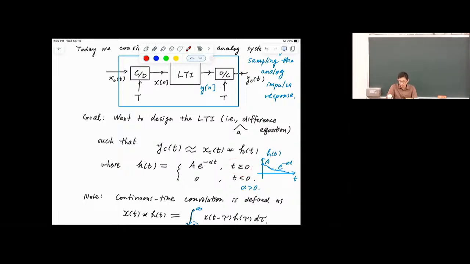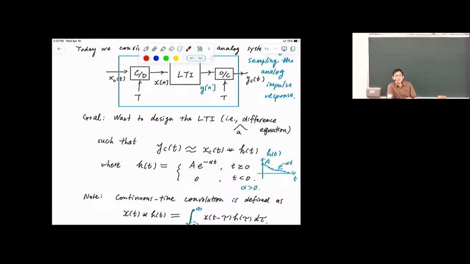Before 0, the system is causal, so the impulse response is all 0 before time 0. But after time 0, the impulse response jumps to A, and then it starts decaying with a decaying rate of alpha. So let's use this as an example.